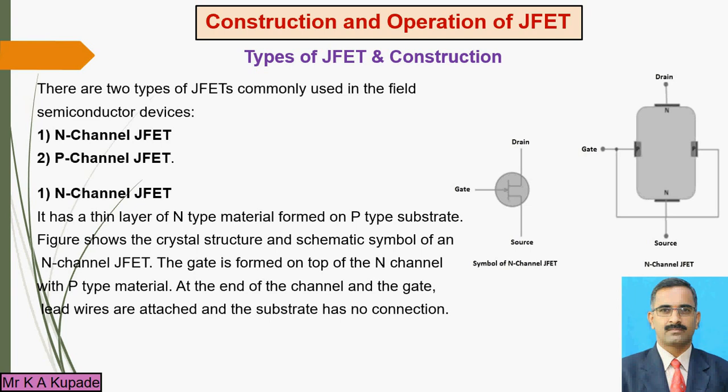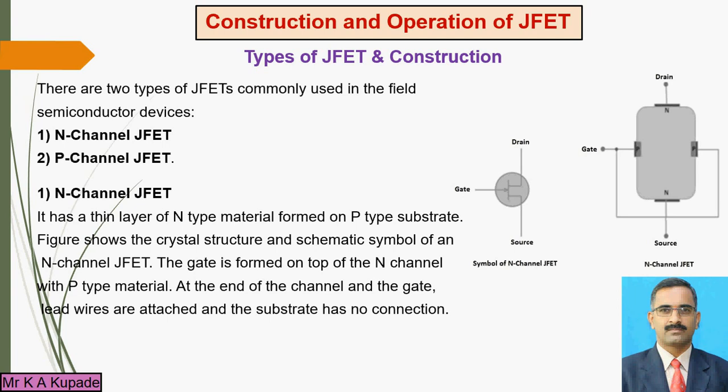If you observe this symbol, the arrow pointing inside indicates that this is the N channel, N type, because it is having the P type material. That's why the arrow is indicated inward, right?